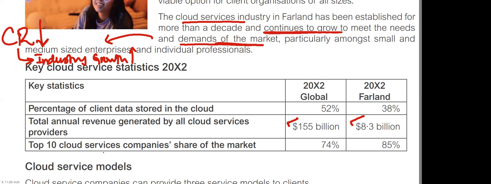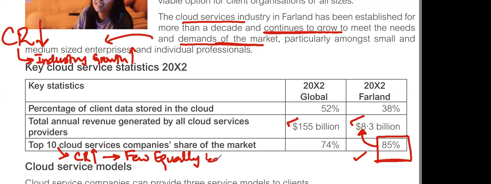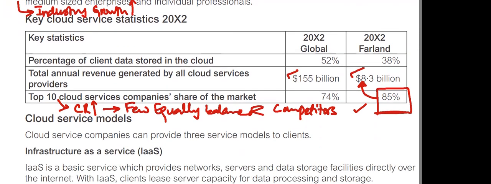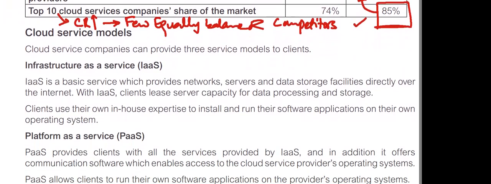And the top 10 cloud service companies have 85% of the market share. So that means competitive rivalry could be high because there look to be few equally balanced competitors. Few equally balanced competitors are indicative of high competitive rivalry. So there's conflicting evidence.